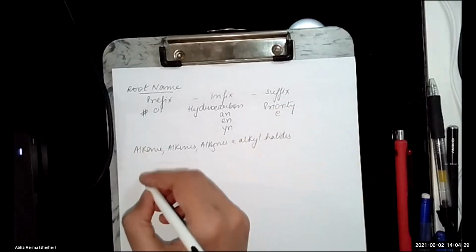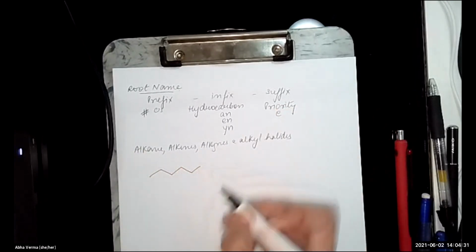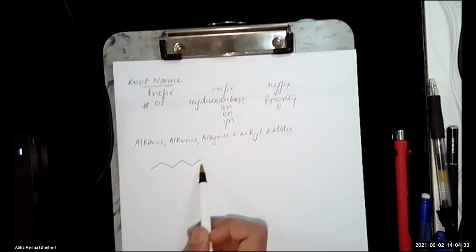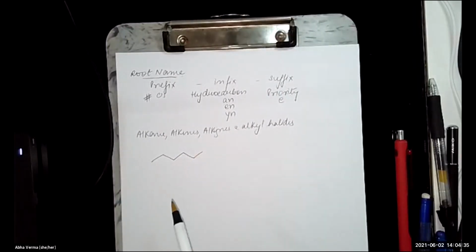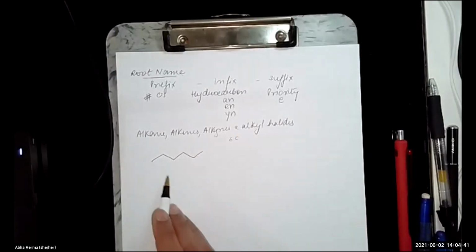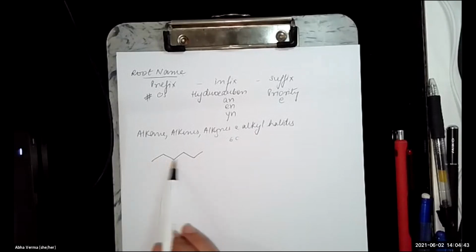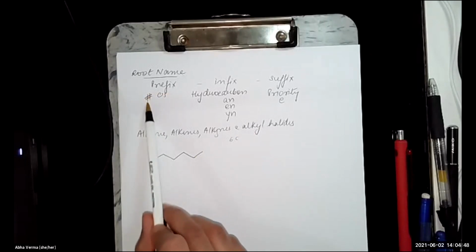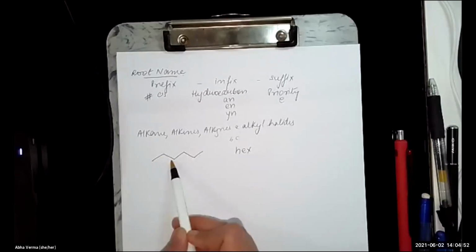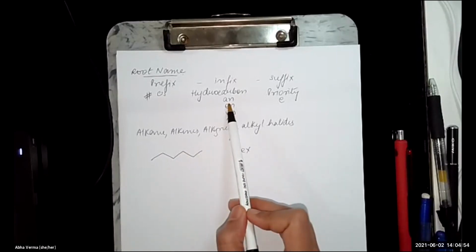Now let's look at one of the examples. How many carbons do I have here? Anyone? 1, 2, 3, 4, 5, 6. Very good. So I have 6 carbons. What would be the root name of this compound? So how many carbons do I have? Very good. Hex. Throughout the molecule, I see alkanes.